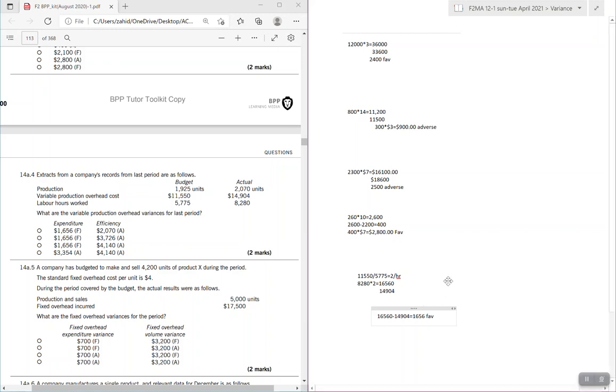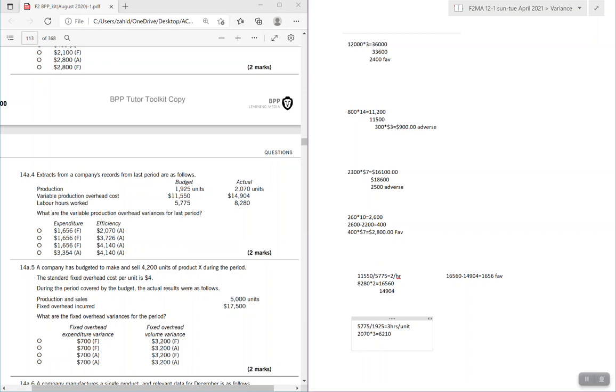Efficiency is done exactly the same way. The time that should have been taken, according to the standard, we have total time allowed, and then we have total units. That means we have 3 hours per unit. If we produce 2,070 units, each unit should take 3 hours, which means 6,210.